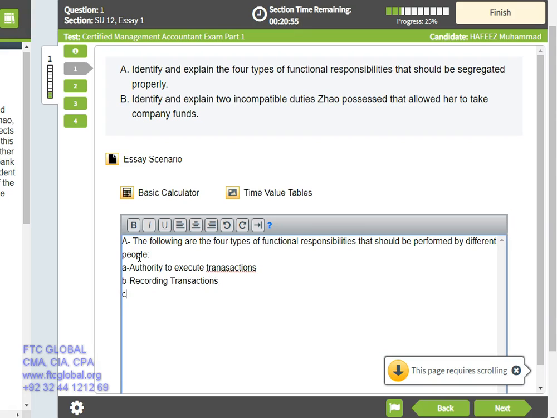C. Custody of the asset that has resulted from this transaction. Custody of assets. And finally D, the last one, is periodic reconciliation. So these are the 4 functional responsibilities that must be segregated. That is the basis, a preventive control for a good system of internal accounting control.